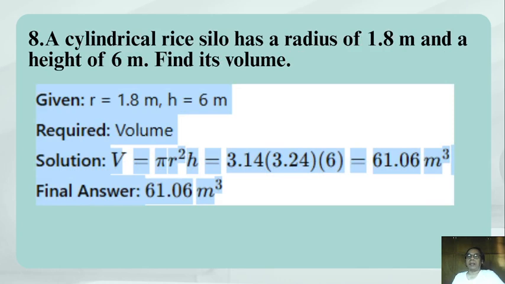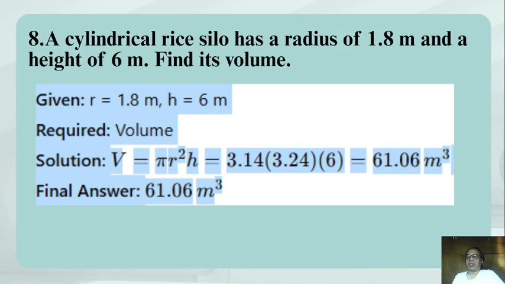Number 8. A cylindrical rice silo has a radius of 1.8 meters and a height of 6 meters. Find its volume. So our radius is 1.8 meters, H is 6 meters.